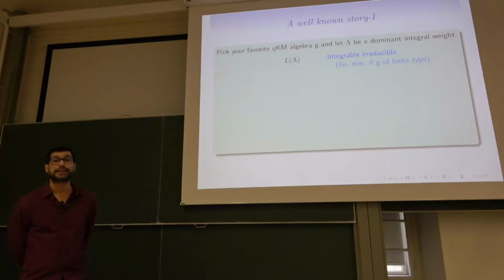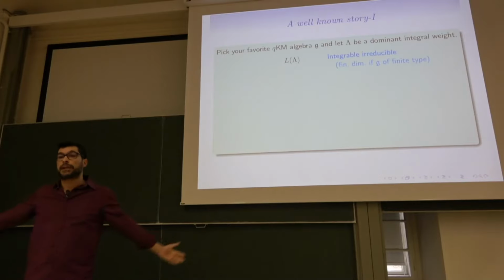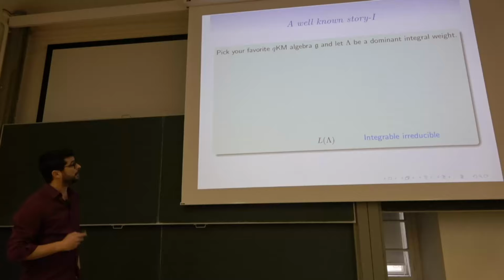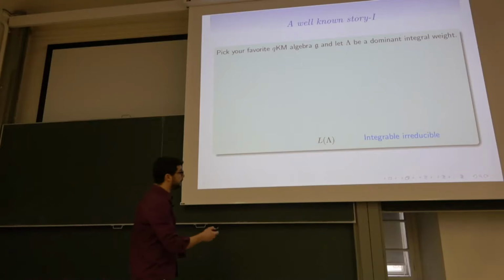Everything I will say today is for G symmetrizable. But if you don't like this generality, since this class of algebras is huge, you can just stick to SL2 or SLN, it's enough to see what's going on. So you can think of G as SL2, for example. These L lambdas will be the finite-dimensional representations.